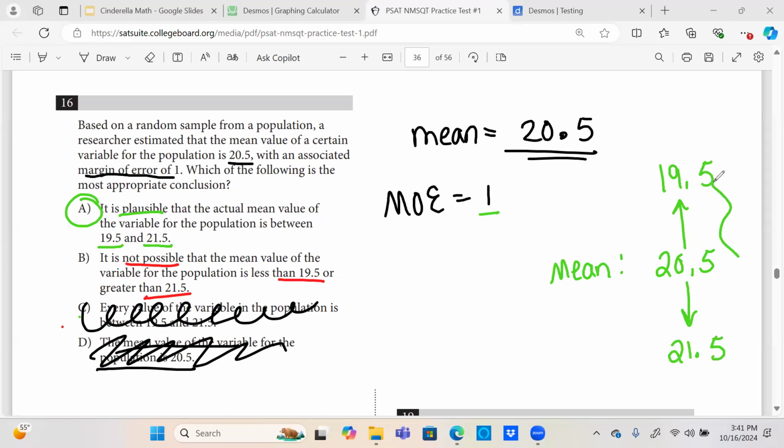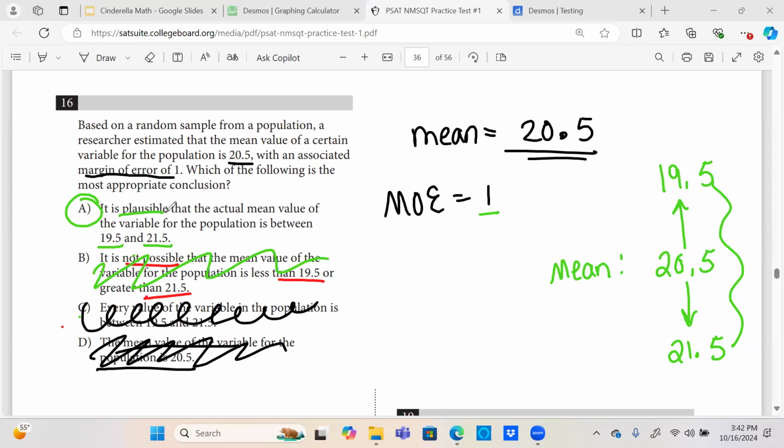So the mean is somewhere in between there, even though they computed it to be 20.5, because of that margin of error, it could go up 1 or down 1. So A. B, it's talking about what's not possible, no. A is an apple there.